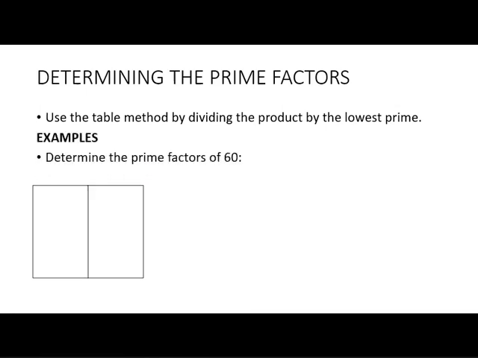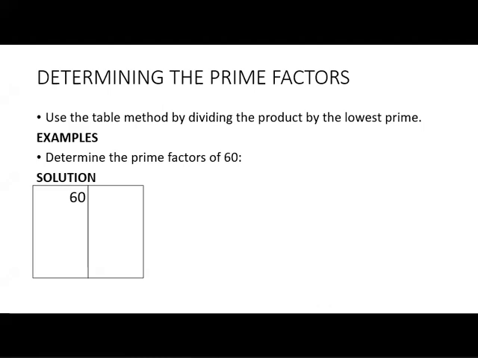Now let's try and prime factorize 60. I will first start by writing the given product, which is 60. Then you divide by the lowest prime.